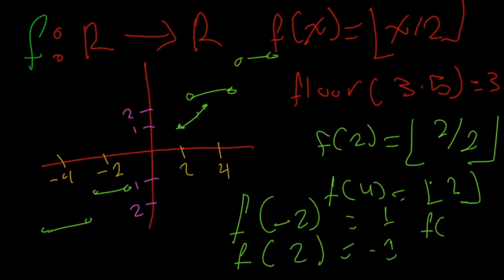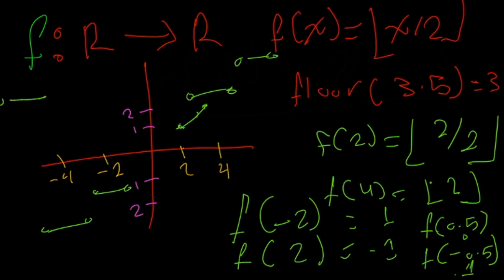When you take real values, for example f of 0.5 and f of minus 0.5, you will see that the floor of minus 0.5 over 2 is minus 1, and the floor of 0.5 over 2 is 0.